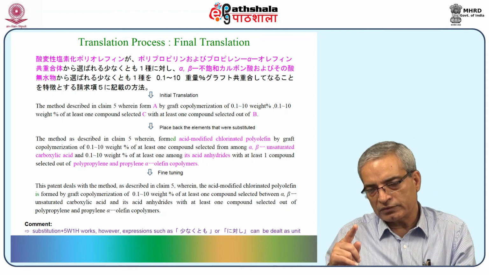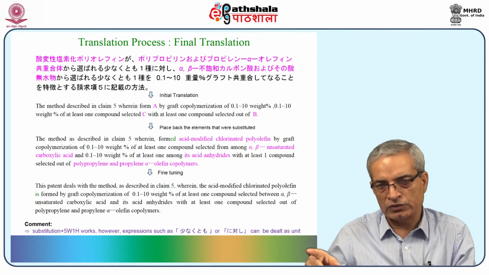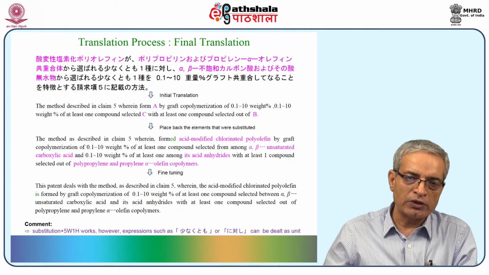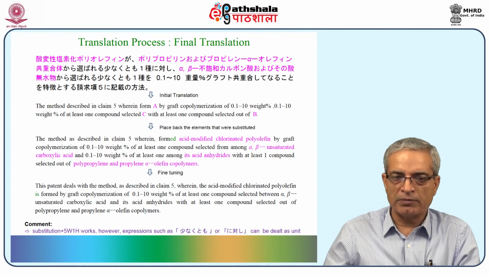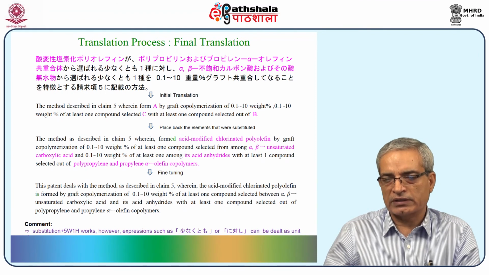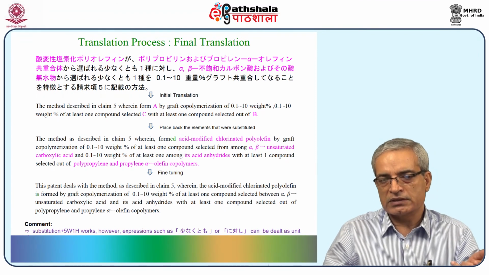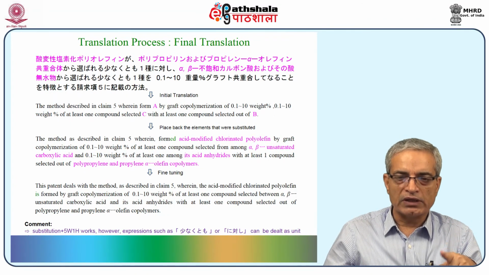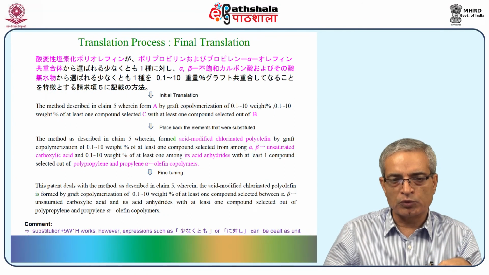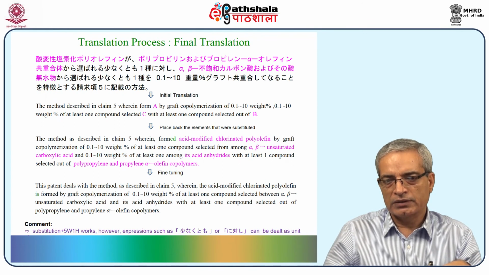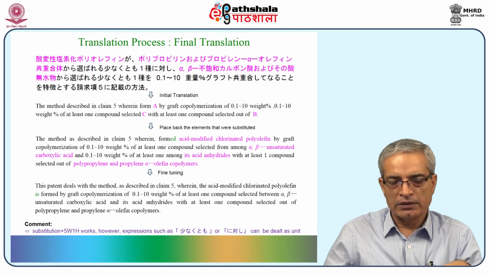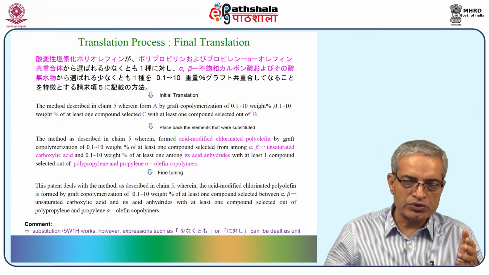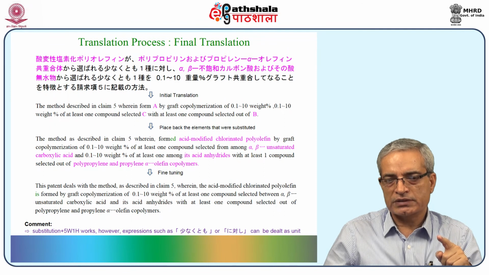So this formed from the beginning goes to the end of this particular segment, is formed by graft copolymerization of 0.1 to 10 weight percent of at least one compound selected between alpha beta unsaturated carboxylic acid and its acid anhydrides with at least one compound selected out of polypropylene and propylene alpha olefin copolymers. The substitution plus 5W1H works.